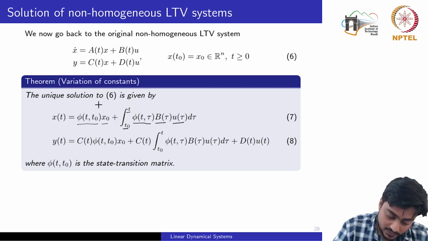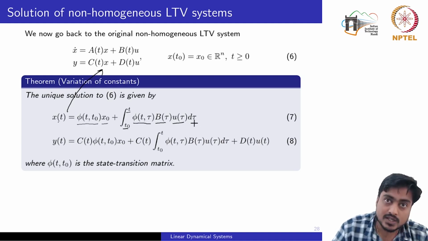Now if I put this x of t back into this equation, because the second equation is basically the algebraic equation, the second equation says y of t is equal to C of t multiplied by this whole x of t plus D of t u of t. So we know that phi is the state transition matrix.